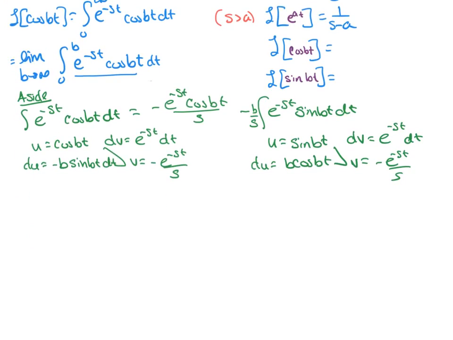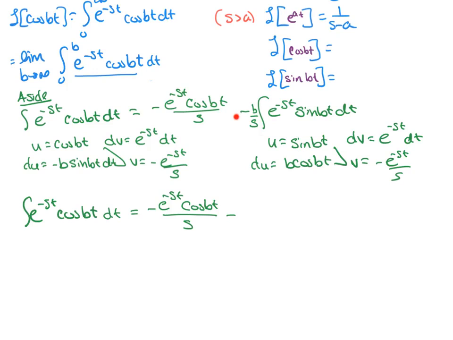So we have, don't forget, we're integrating e to the negative st cosine bt. And we first got negative e to the negative st cosine of bt over s, minus this, and I can't forget to multiply by negative b over s.